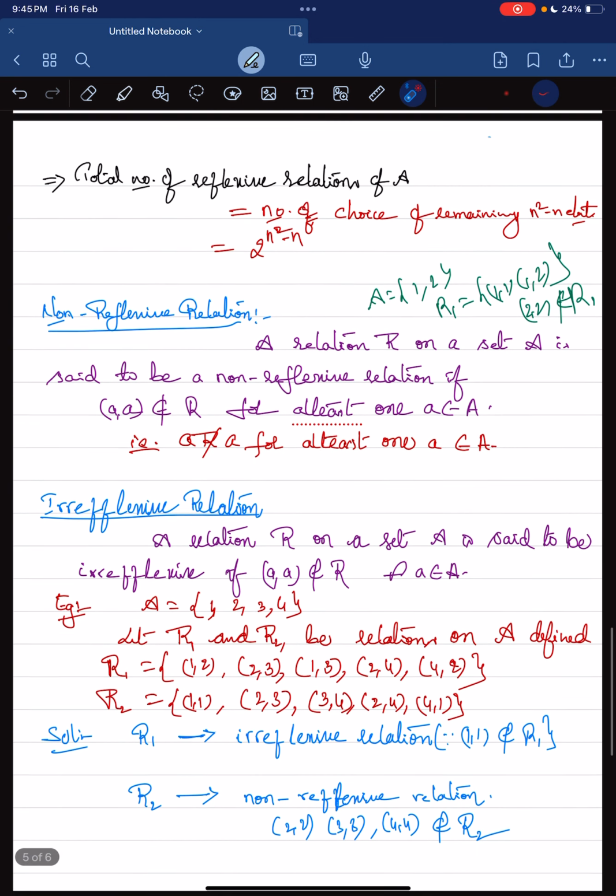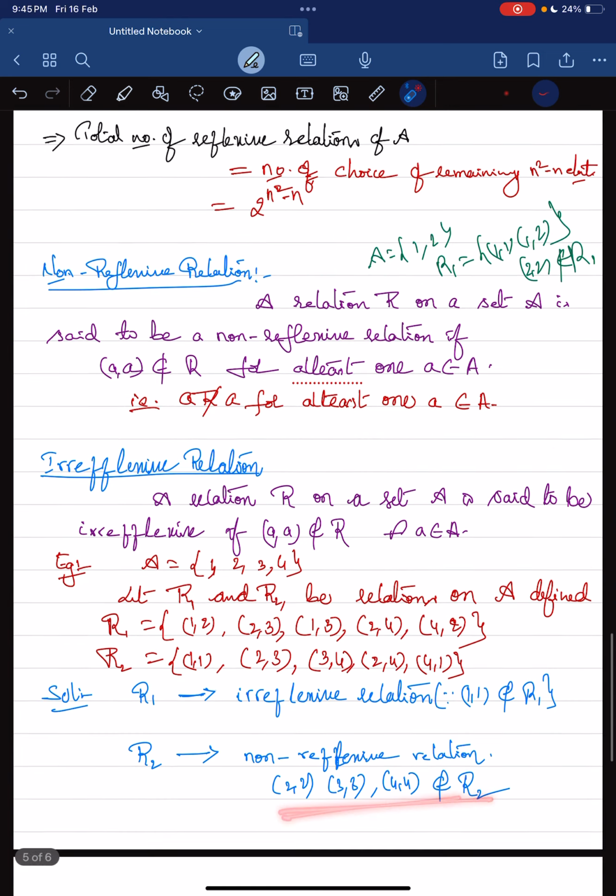Now consider R2 equals {(1,1), (2,3), (3,4), (2,4), (4,1)}. Here (1,1) is there, but (2,2), (3,3), (4,4) do not belong to R2. So it is a non-reflexive relation.